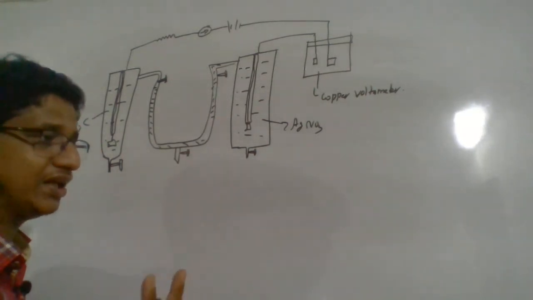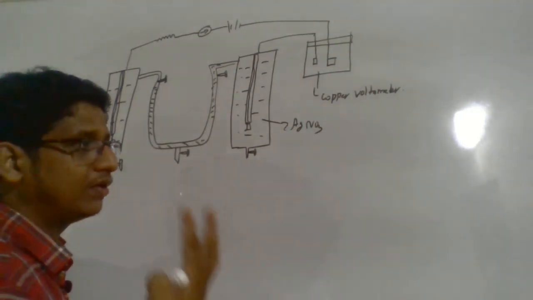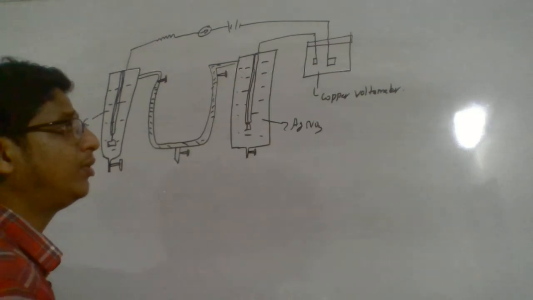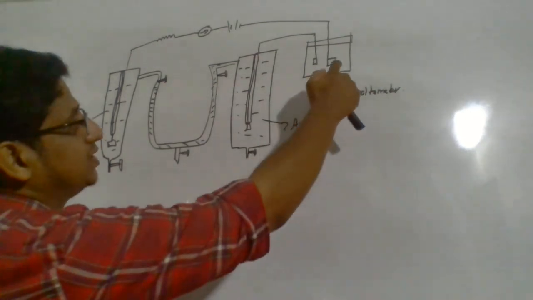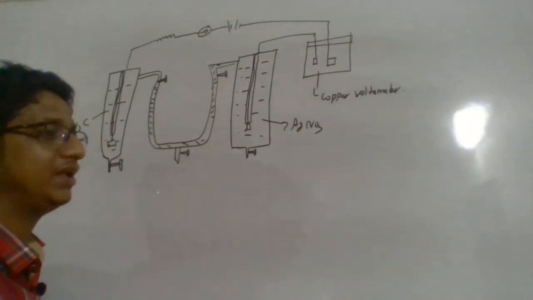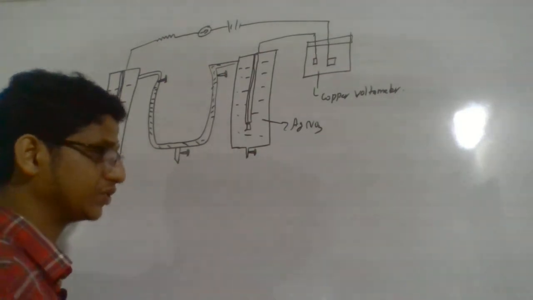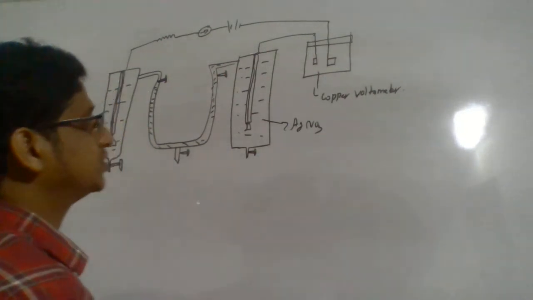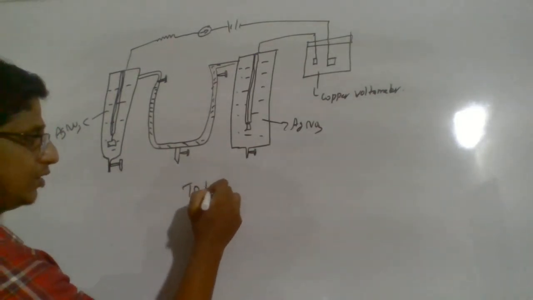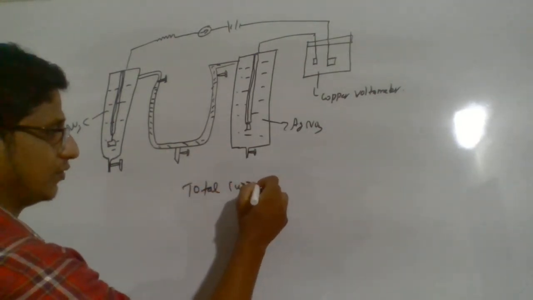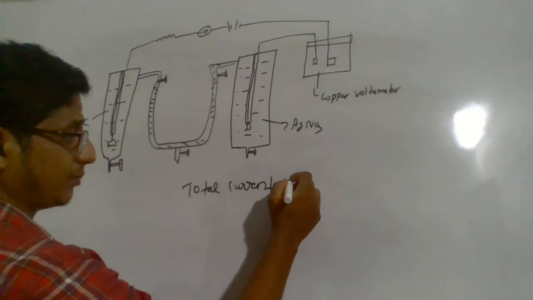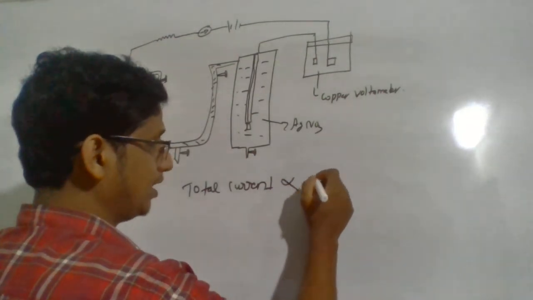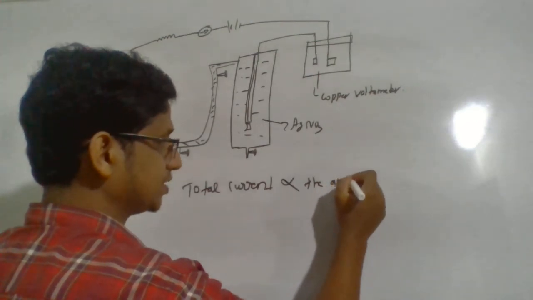Which means the copper voltameter is used to find the total fall in concentration around both the electrodes, because the amount of copper that gets deposited at the copper voltameter is always proportional to the total current carried through the solution. According to Faraday's law, we know the total current passing through a solution is always proportional to the amount of substance deposited.